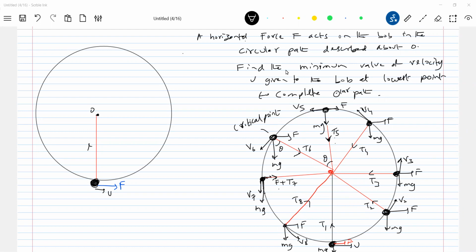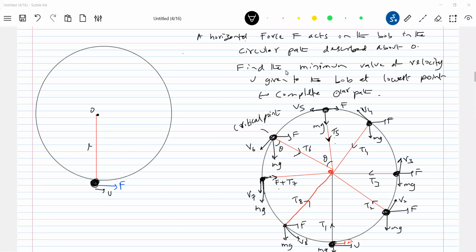Where the resultant of forces, you can see F and mg both are acting towards the center. There it will be like a critical point. Okay, try this one, mathematics.